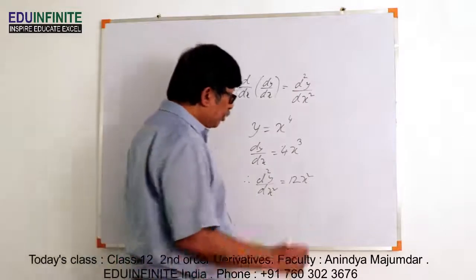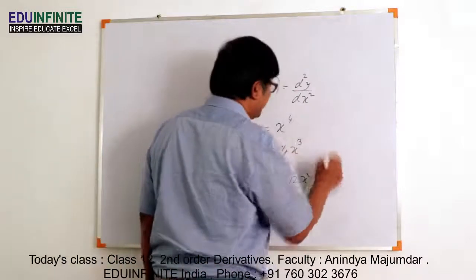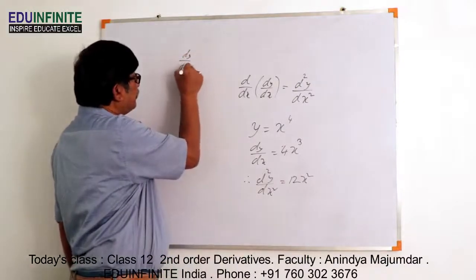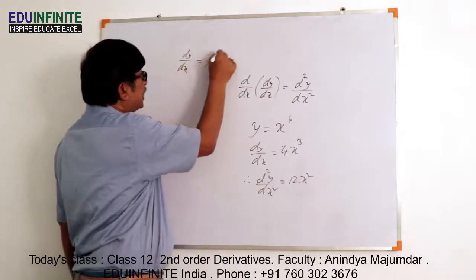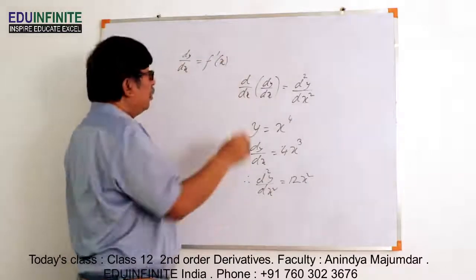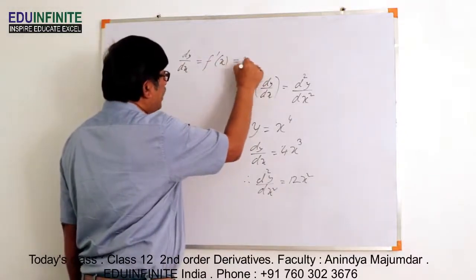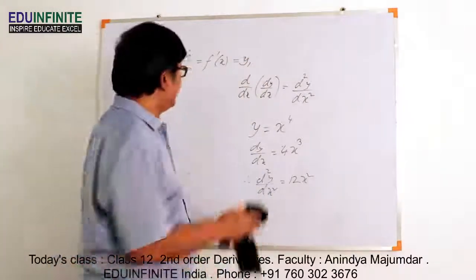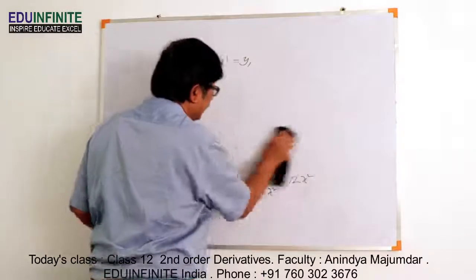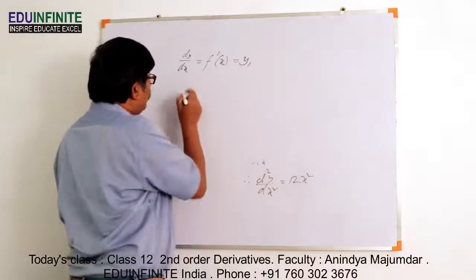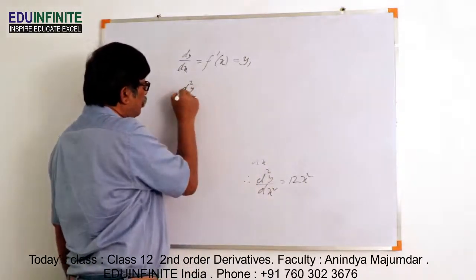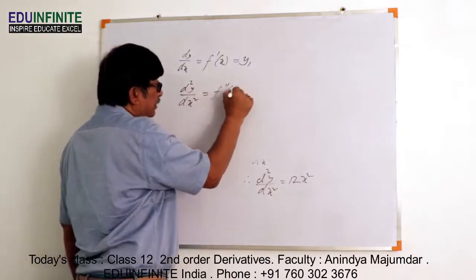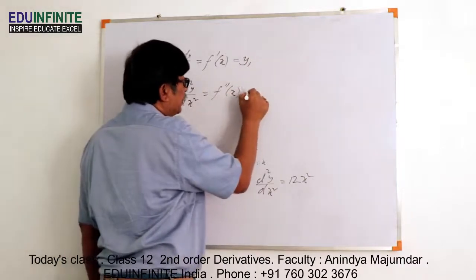Now, as you know, dy/dx is also written as f dash x, or sometimes y1. y1 also stands for dy/dx. Similarly, d2y/dx2, that is the second order differential, is f double dash x, or we express it as y2.